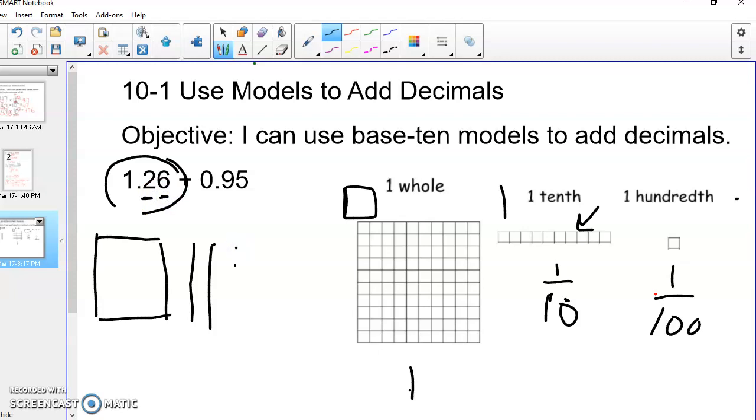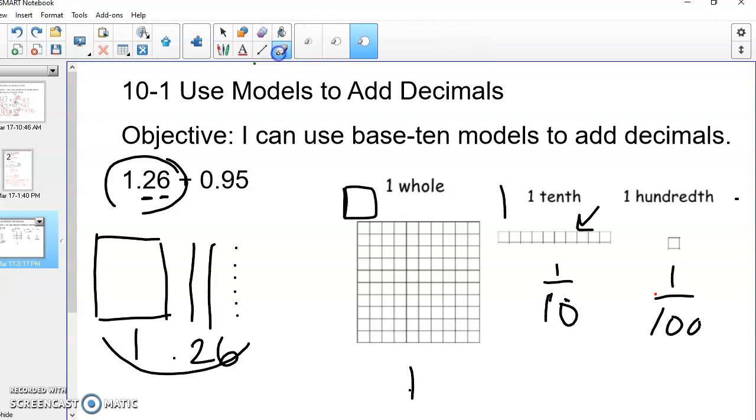So we have 1, 2, 3, 4, 5, 6. So this right here represents 1 and 2 tenths and 26/100ths. And if I were to draw this out, this would be 26 total boxes. All right, and then let's continue on here.